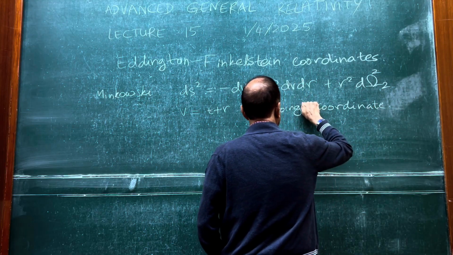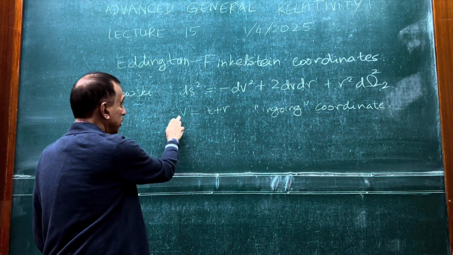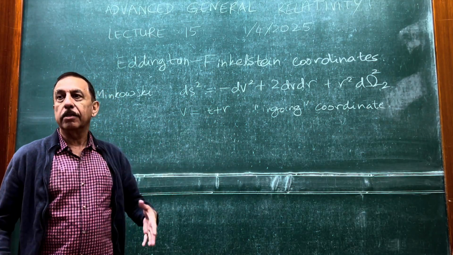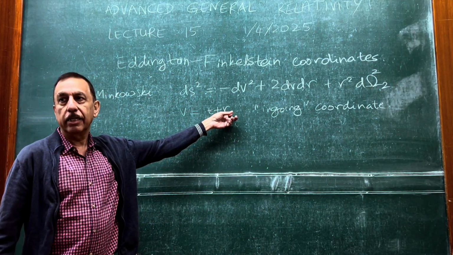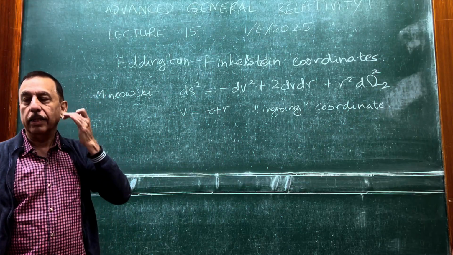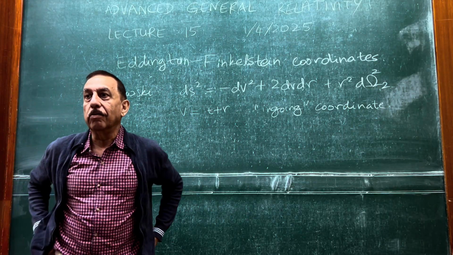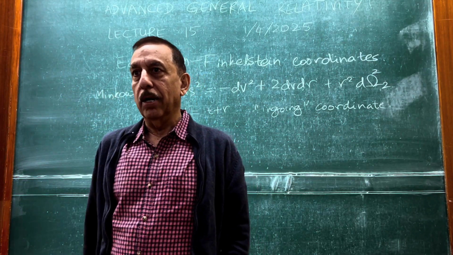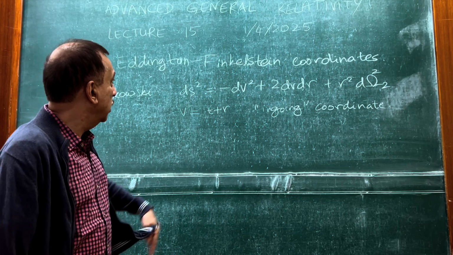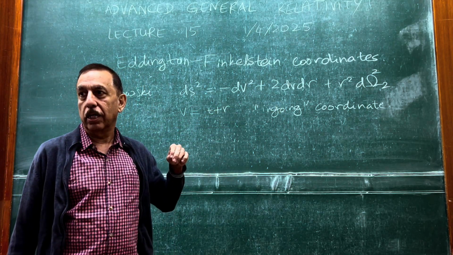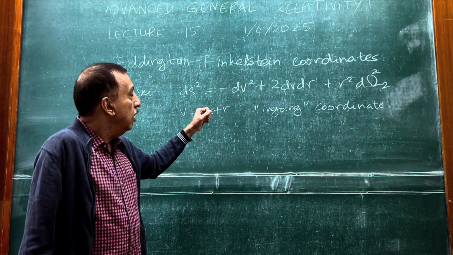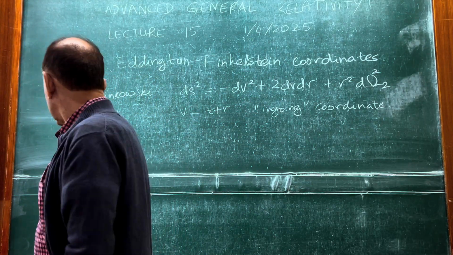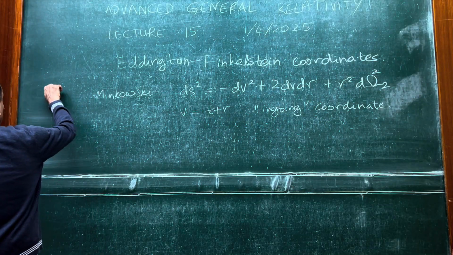This really means that if v is constant, then t plus r is constant. Then as t increases to the future, r must decrease to keep the same thing constant. So it's actually r, the radial coordinate, which is going in, but v is just called the ingoing coordinate. This can also be done with another coordinate called outgoing, which is called u, and then there's a minus sign over here.